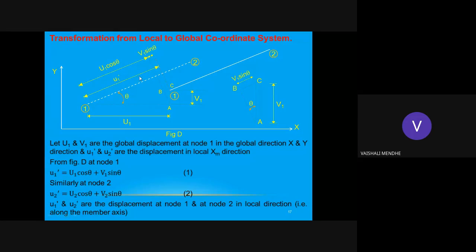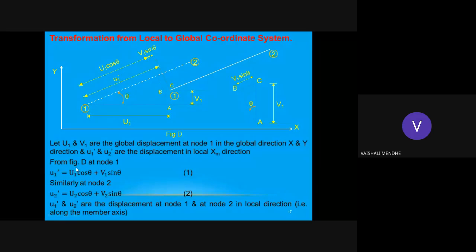u1 dash is the displacement for this member in the local direction. So the local displacement we have converted in terms of the global displacement.